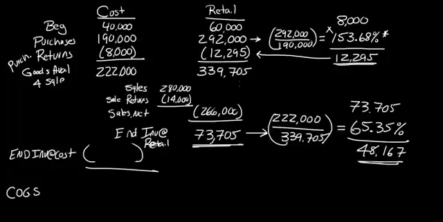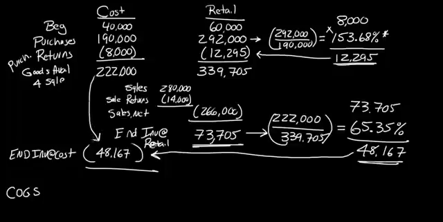So what I've done is I've taken my numbers at retail, looked at how much my retail numbers are marked up, and then deflated them back down to get my ending inventory at cost, which is the 48,167. So I subtract these two numbers here, and I'm going to get a cost of goods sold of 173,833.